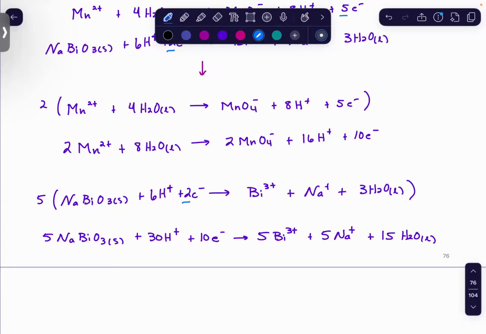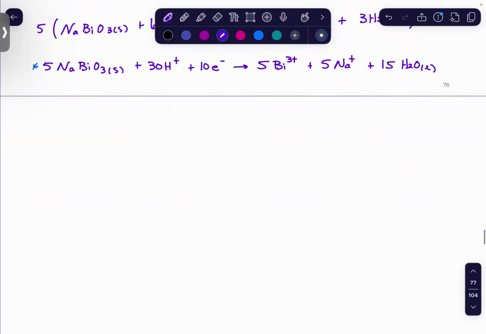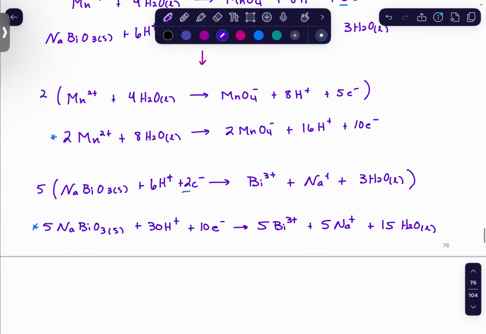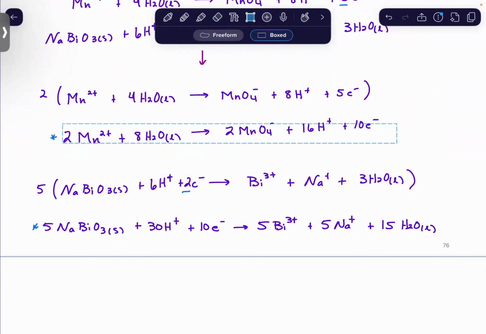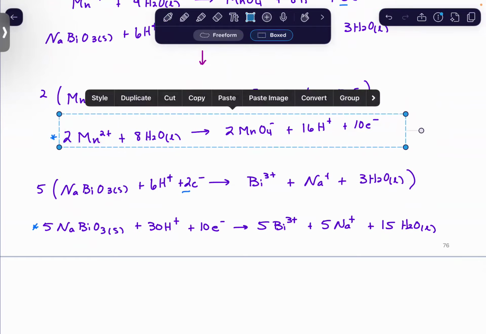Now what I'm going to do next is take this equation and this equation, I'm going to add them together to get an overall reaction. All right, so let's take this here.